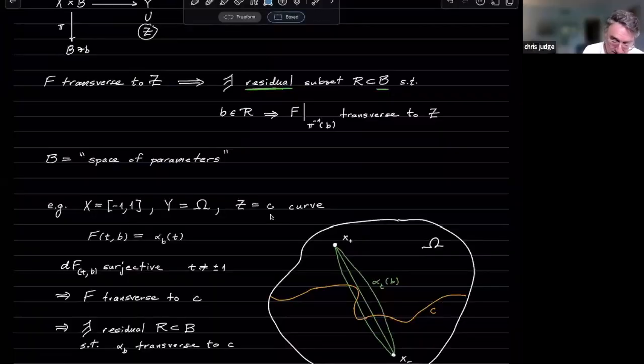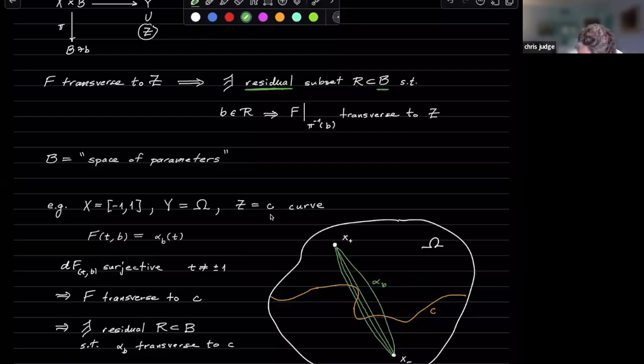And we're going to define F of t, b. B is going to be, I think, an interval would do. So capital B will be some interval. And what I'm going to do is look at this family of maps, alpha_b of t.